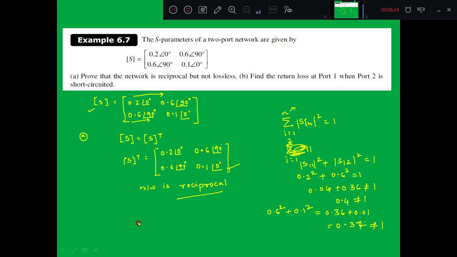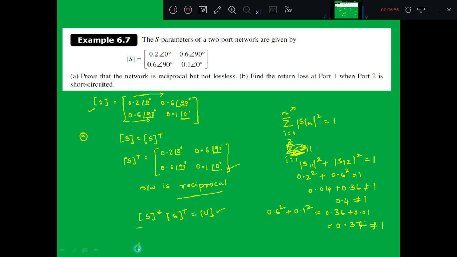Another condition you can follow is that the network is said to be lossless if the conjugate of the S matrix multiplied by its transpose, S transpose, gives the identity matrix, that is the unitary matrix. Then you can say the network is lossless. So what is the conjugate of this S matrix?